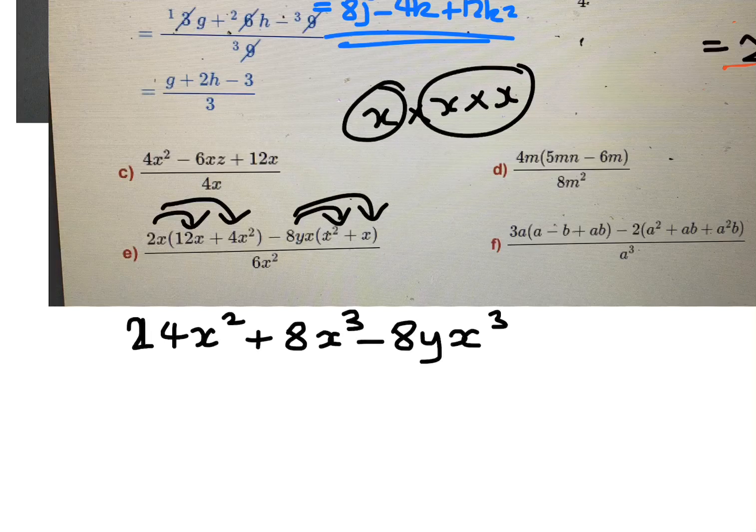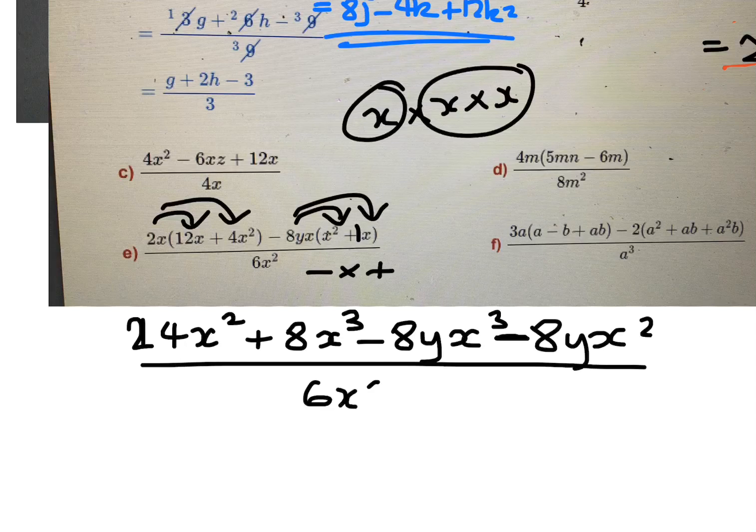Minus 8xy times x. So minus 8 times the 1 out the front would be minus 8. Notice the sign change. Minus times plus is a minus. y and x times x is x squared. And that's all over 6x squared.